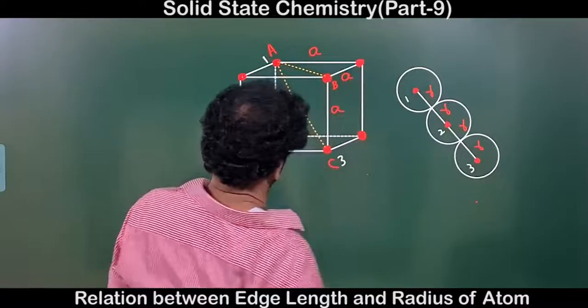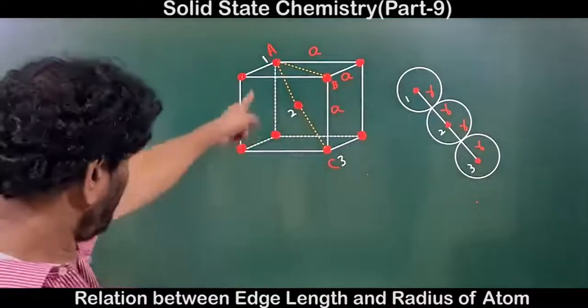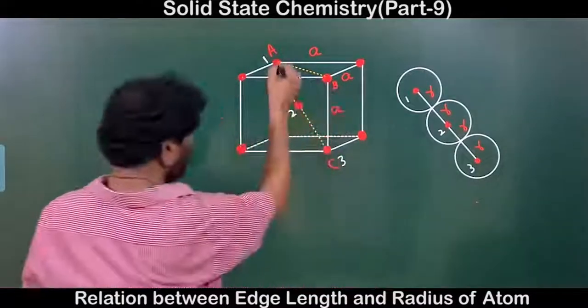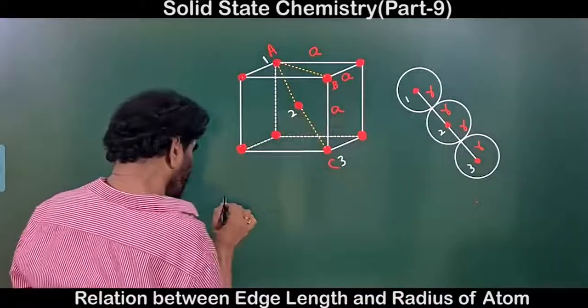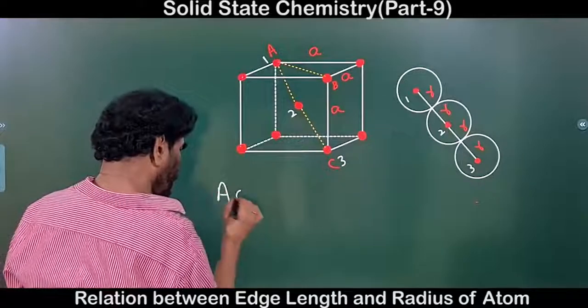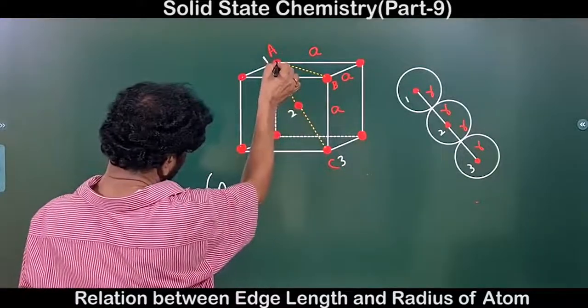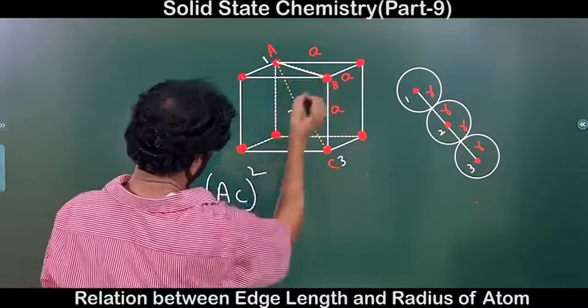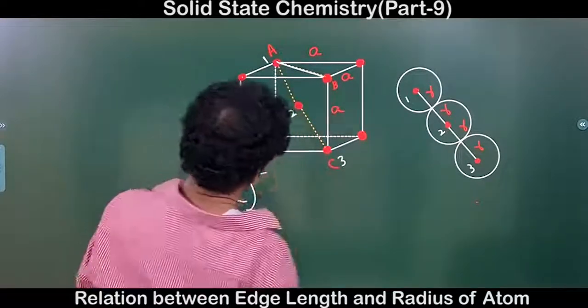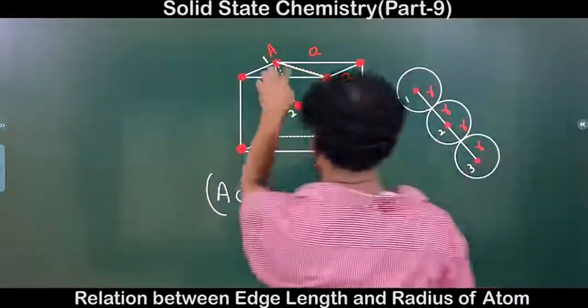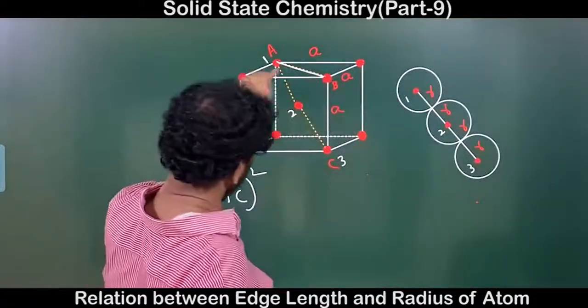So in the same way, AC square is equal to, I am taking this triangle ABC.